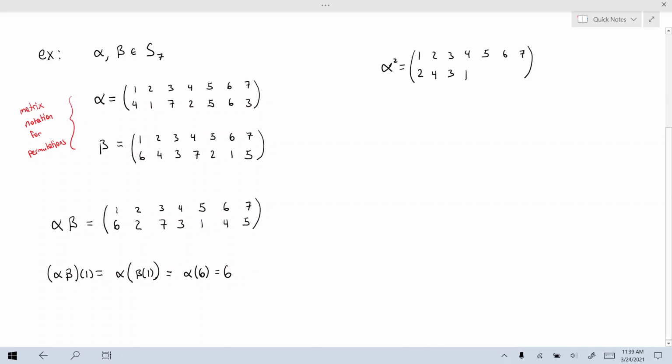Alpha squared of 5, so, all right, well, 5 is a fixed point, so alpha maps 5 back to itself. Okay. 6 is also a fixed point, so alpha will map 6 to 6, and then 6 to 6 again. Alpha squared of 7, so alpha of 7 is 3, and then alpha of 3 is 7.